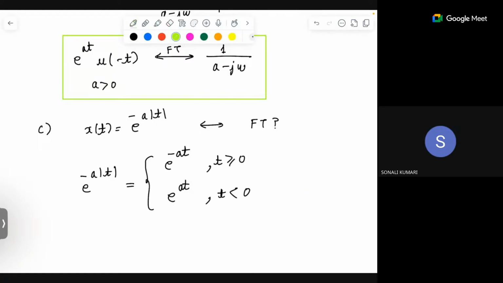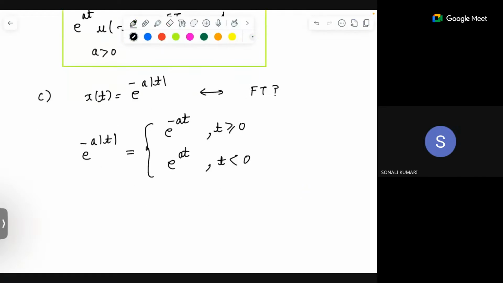Now we have opened the modulus, but we want to write it in terms of u of t, so that we can use our previous results. So for t greater than or equal to 0, I can write e raised to the power of minus at into u of t. Can we do that? Yes, ma'am. Because u of t for t greater than or equal to 0 is 1, I will get the same thing.